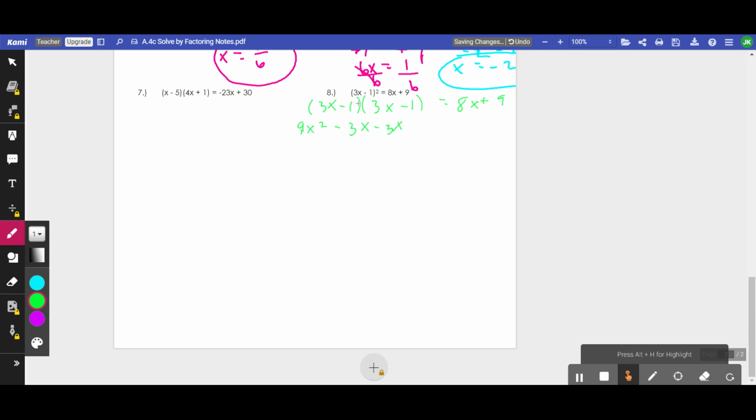And then your last two terms together. Negative 1 times negative 1 would be positive 1. And then you still have this stuff there. And then you have the like terms in the middle, the negative 3x minus 3x. Once you combine them, you'll have negative 6x there.